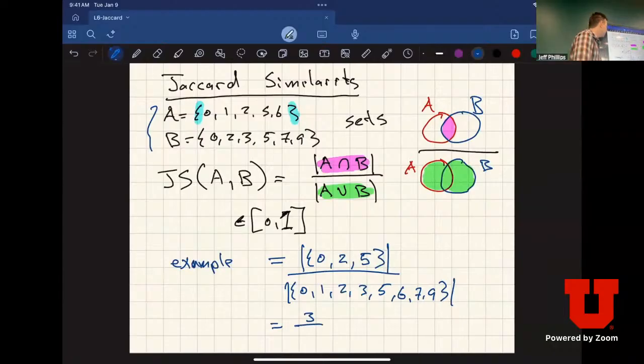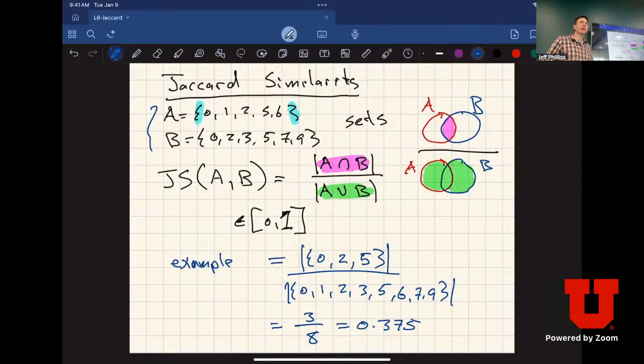The size of the denominator is 1, 2, 3, 4, 5, 6, 7, 8. So the size of the denominator is 8. And so the Jaccard similarity is 0.375. So these sets are kind of similar to each other. If they were much more similar, it would be 1. If they were less similar, it would be a much smaller number, right? So this is somewhere in between.